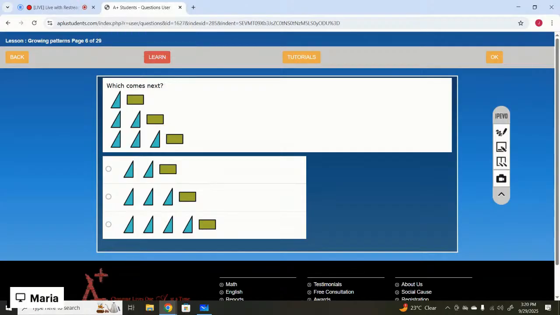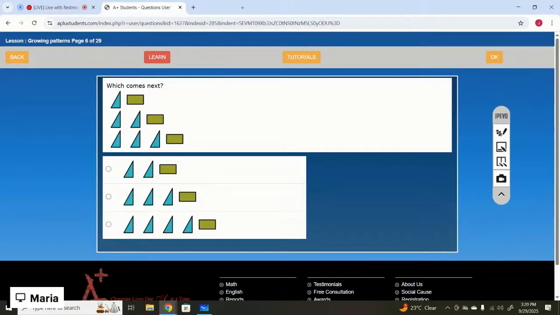Which comes next? A triangle and a rectangle. Two triangles and a rectangle.